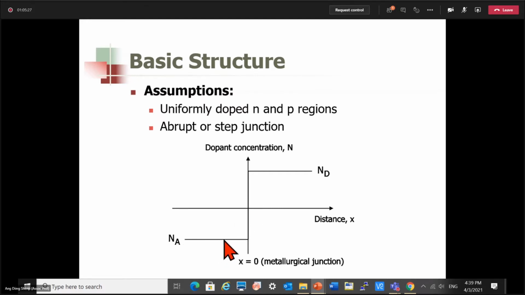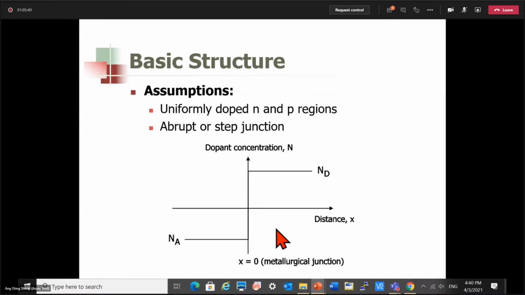Starting at some point, let's say here, it will start to change linearly from P to N, right? So this behavior is caused by the interdiffusion of the dopant that inevitably happens during the fabrication. Okay, so we never would be able to get an abrupt junction like this.